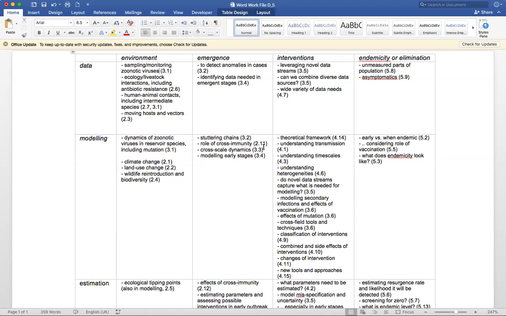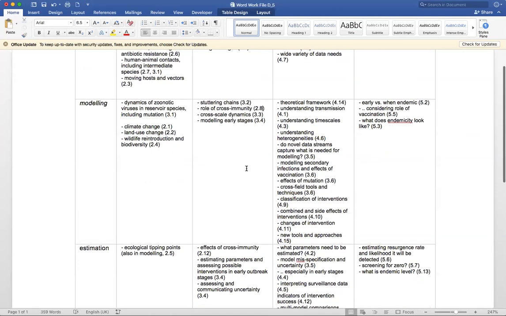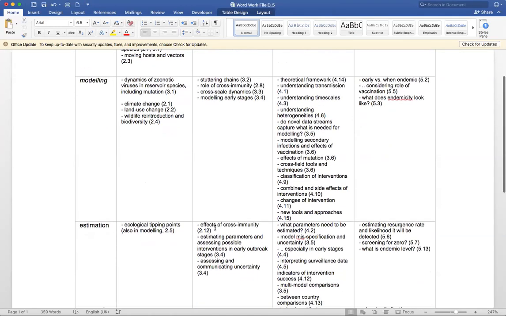So if that's your list for the moment, Mick, could I ask you to add in role of cross-immunity and effects of cross-immunity as at least temporarily 2.8 and 2.9 to try and keep the numbering consistent. And then do they belong in the interface?